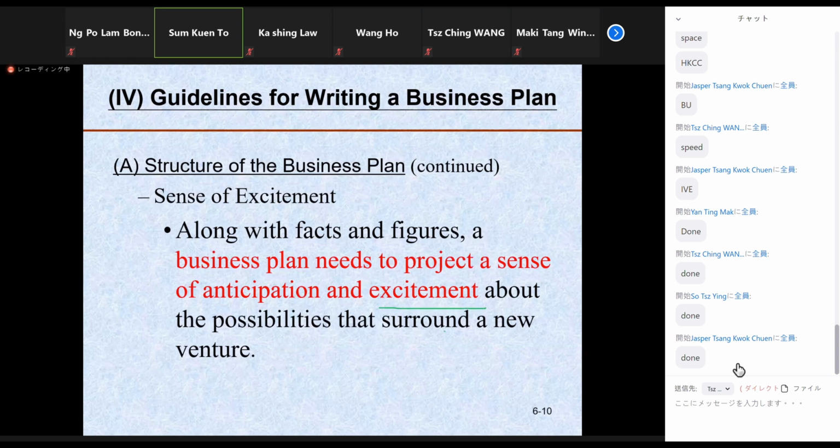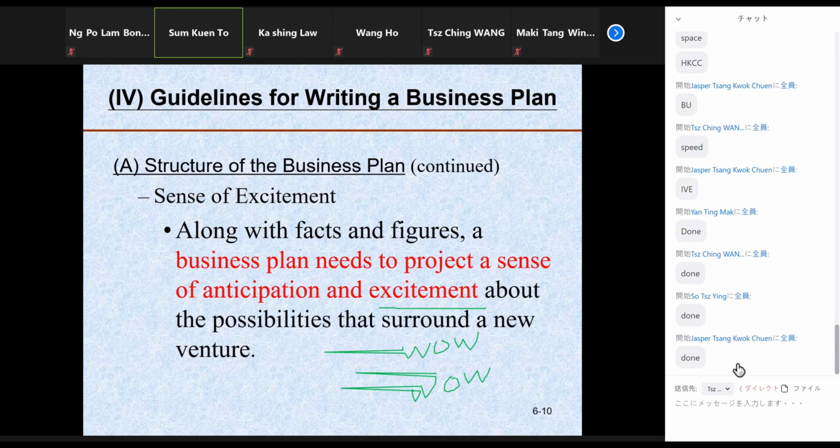When they read, they keep on saying wow, wow, wow. It means you have got a good business plan, and they have a high anticipation and look forward to reading on.